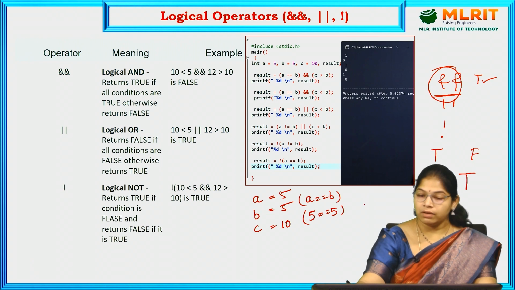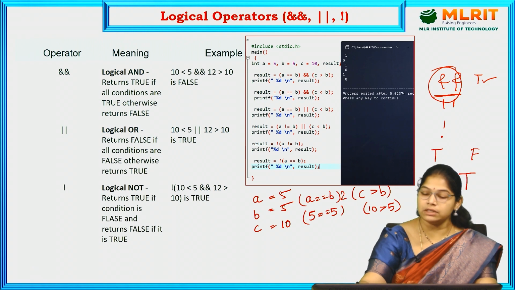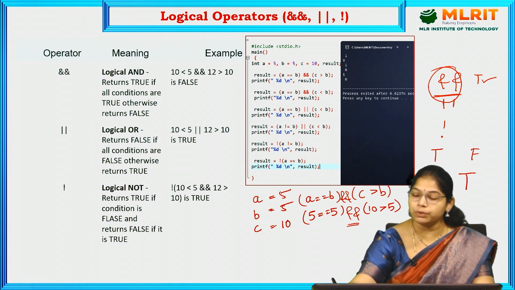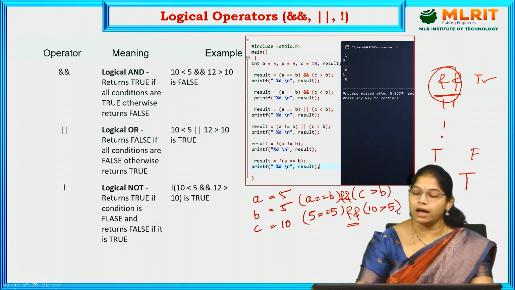And one more condition I have, that is C greater than B, where C value is 10 and B value is 5. I combined these two conditions using a logical AND operator. Logical AND operator gives the value true when all the conditions in it are true.